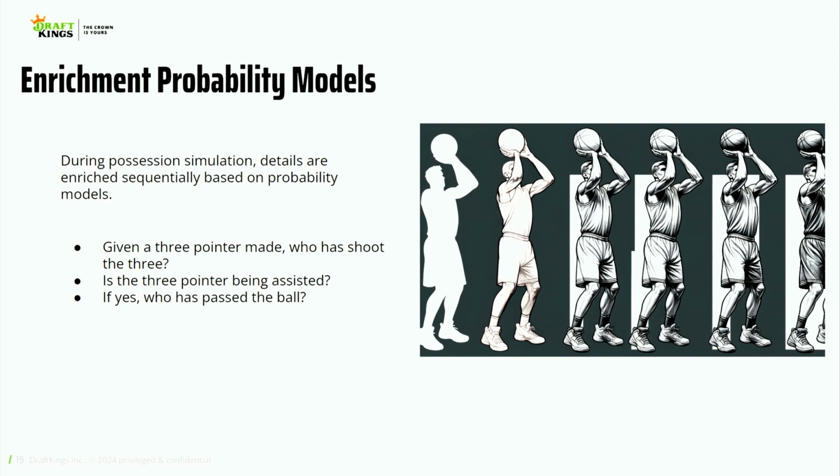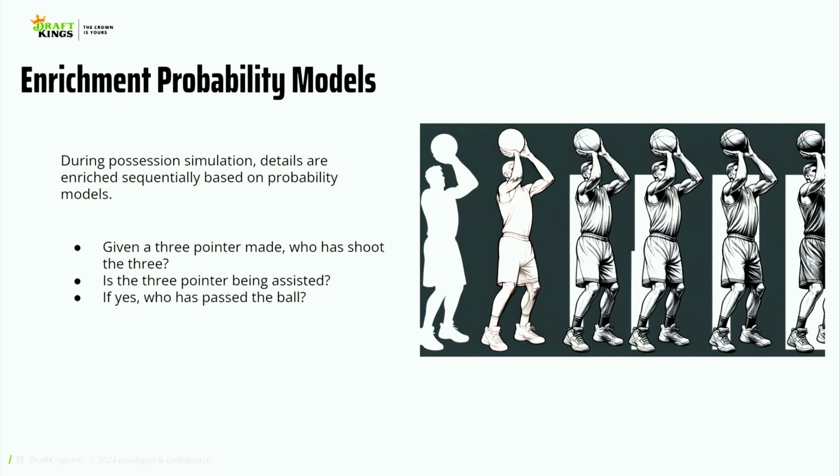Let's say in our model, we have simulated one three-pointer made. The first question we will ask is who is shooting the ball? That means we need to have some sort of probability model to assign the three-pointer to one of the players on the team. The next question will be whether the three-pointer is assisted or not.